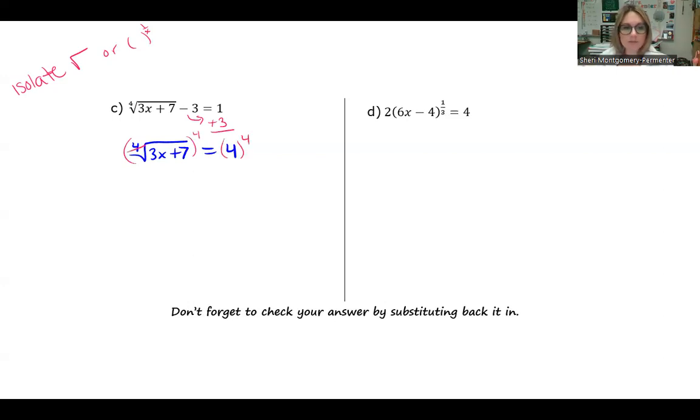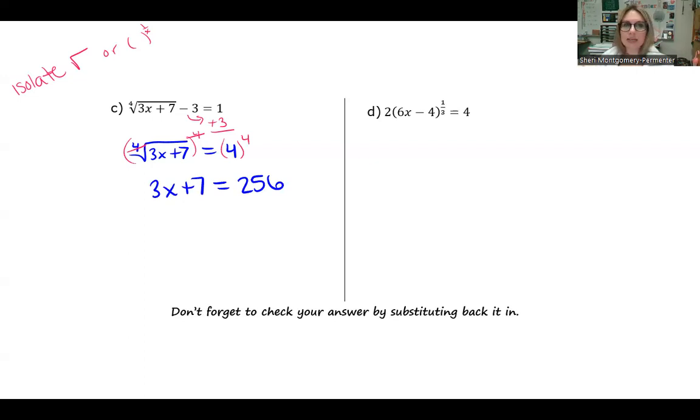So these have to match for them to cancel. What is 4 to the 4th power? Look at your chart. Very good. So the chart is very helpful, right? Have y'all used it a lot? I think it's a helpful chart.